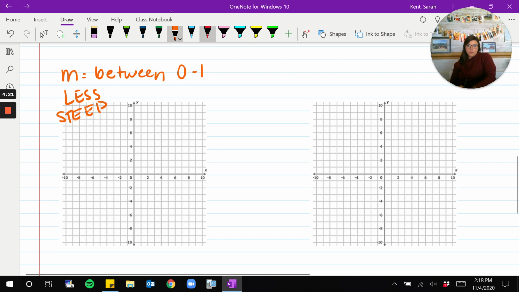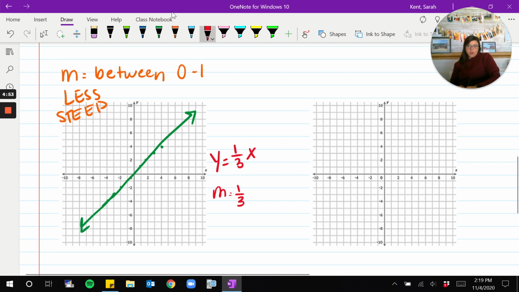So our original looks something like this. So if we get less steep, for our example, we could say y equals 1 over 3. 1 over 3 is between 0 and 1.